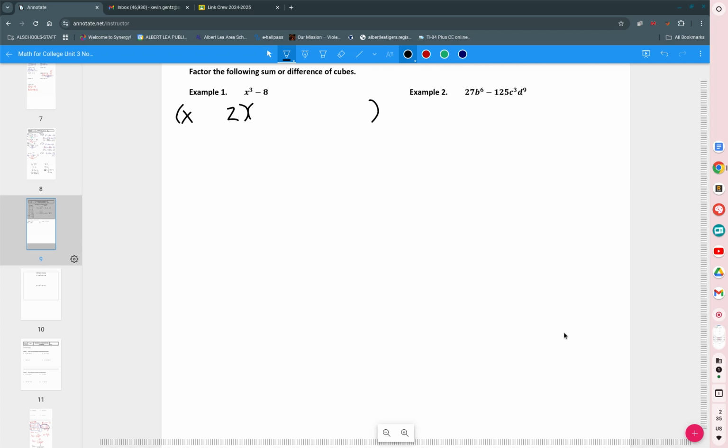That's the most important part, that you get the first thing correct. Now you square the front, so x squared. You square the back to get 4. And you multiply the 2 together to get 2x in the middle.